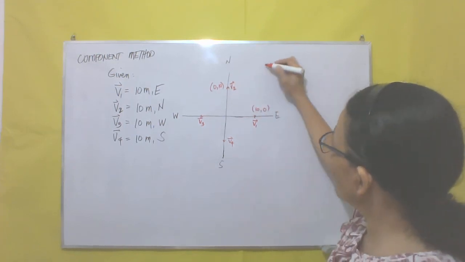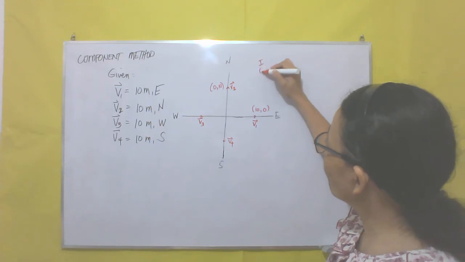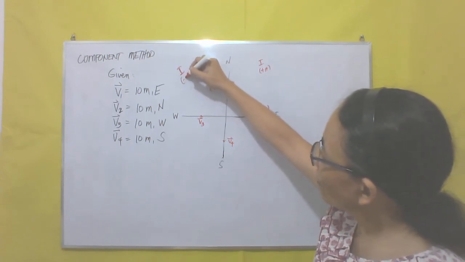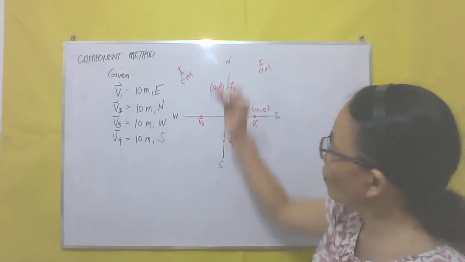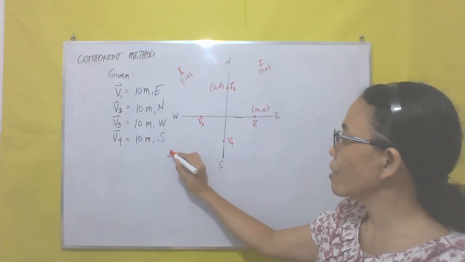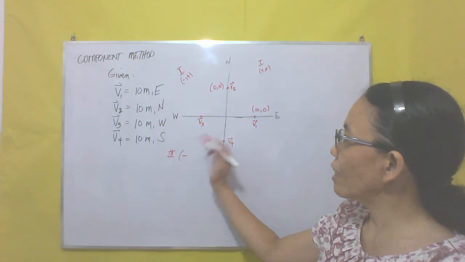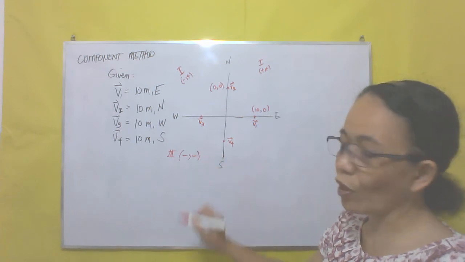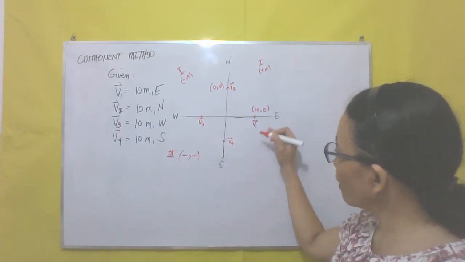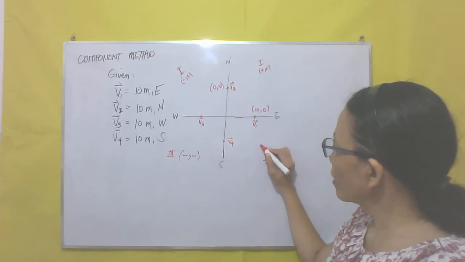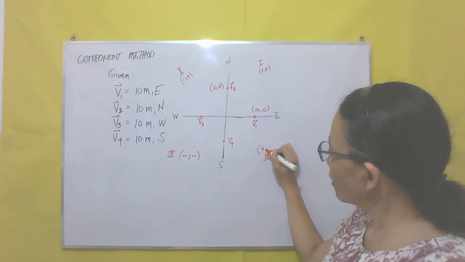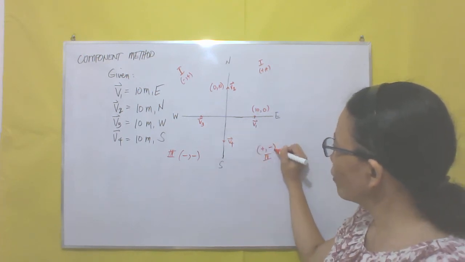Take note that for the first quadrant, we have ordered pairs both positive. Then for the second quadrant, we have negative x and positive y. For the third quadrant, we have negative x and negative y. So therefore, we're talking about direction now. Then for the fourth quadrant, we have positive x and negative y.